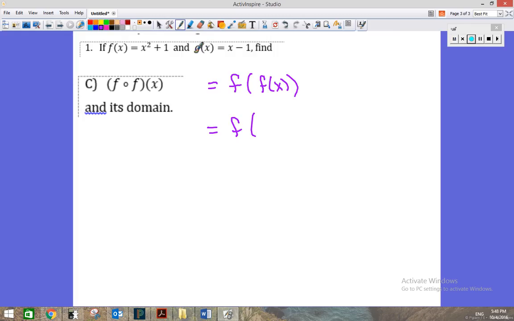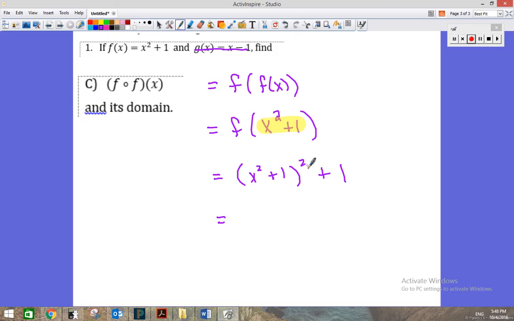So we're not even using g for this part. f of x is x squared plus 1. That's my input. What does f do to the input? Well, f always takes the input and squares it and then adds 1. This time the input is this quadratic. It is going to square this and add 1.